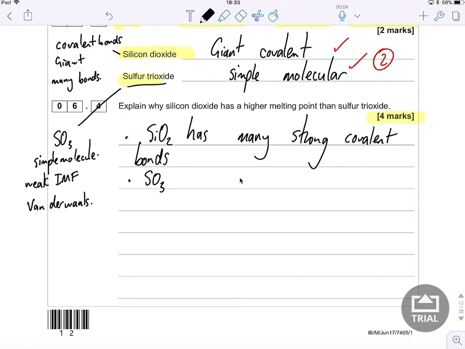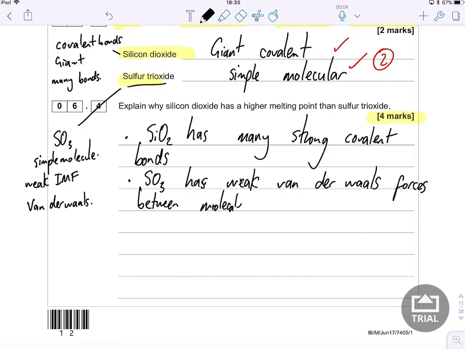So sulfur trioxide has weak van der Waals forces between molecules. If I was in an exam and I wasn't sure what type of intermolecular forces the molecule had, I would say it's got weak intermolecular forces, and then I'm okay there. It's not asking me specifically for which type of intermolecular forces it has got, so I won't get into any trouble with that. So if you're unsure, you can say that. If you are sure, then go with what you know.